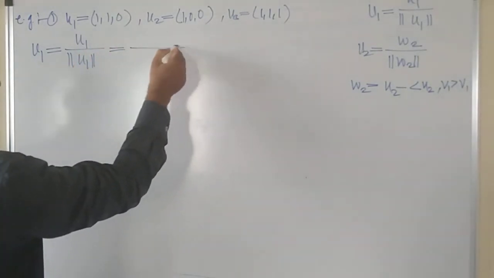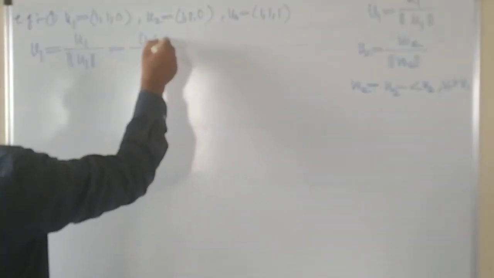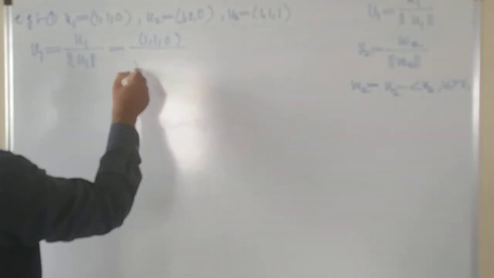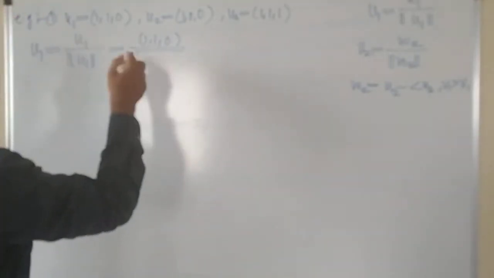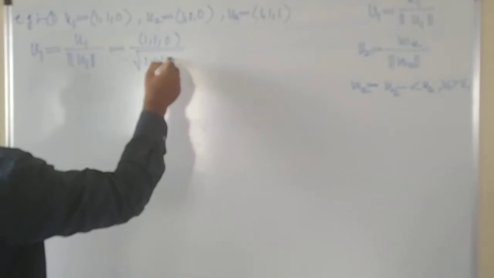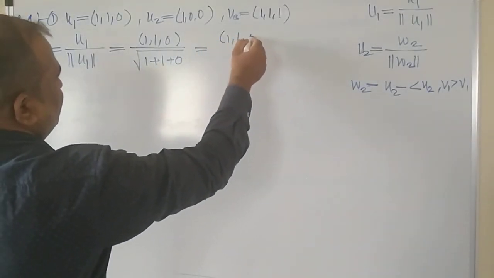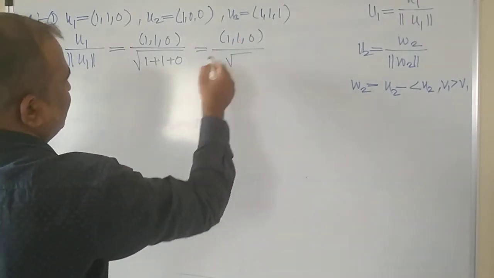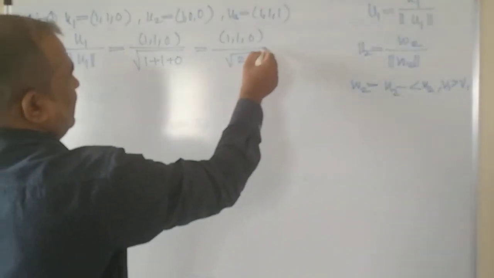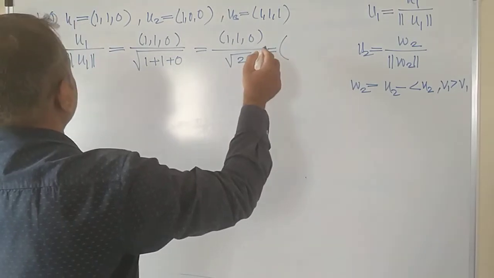The given vector is (1, 1, 0), divided by the square root of the squares of the components: 1 squared is 1, plus 1 squared is 1, plus 0 squared is 0. So this gives (1, 1, 0) divided by square root of 2.